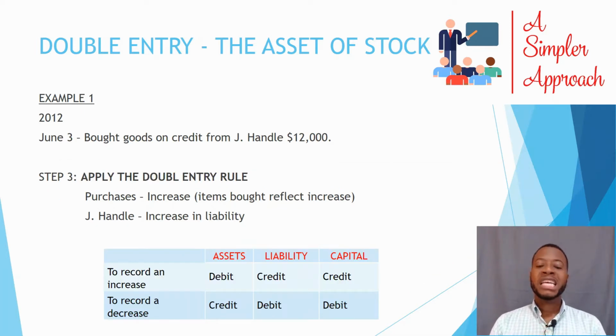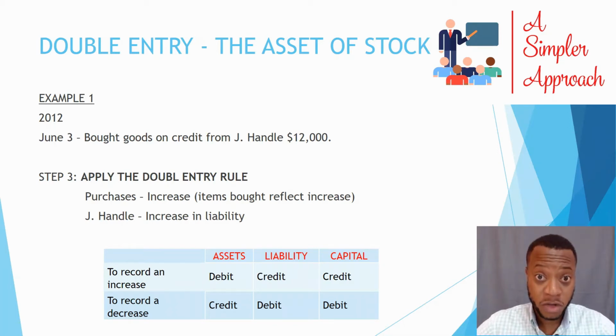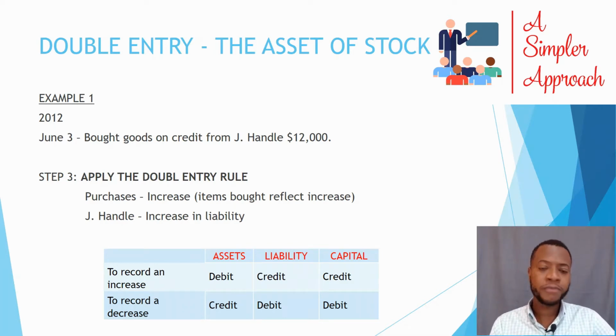Step three is to apply the double entry rule. Now, you remember a while ago I kept saying the asset of stock, and I was asking if you caught my drift. Yeah, I think by now you've caught my drift. Stock is an asset. Cool. And when an asset increases, what do you do? See there?